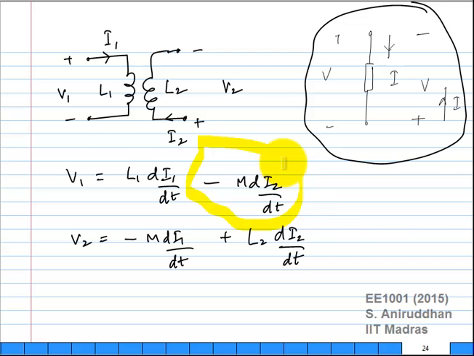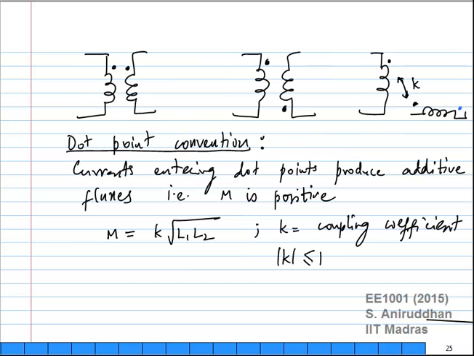And that is what we encountered as the dot point convention. Anytime you see a pair of coupled inductors, you will see a couple of dots placed close to the inductors to show you two things. Number one, those two inductors are coupled.